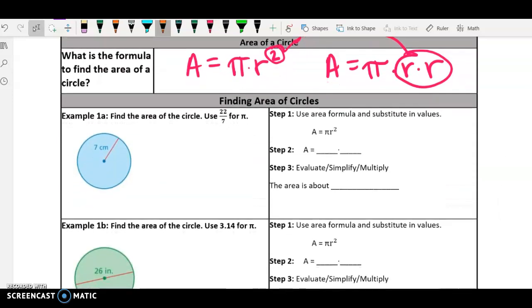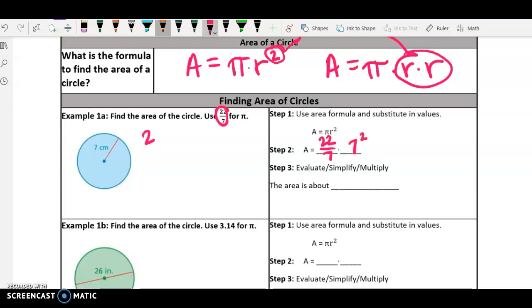So example 1, find the area of the circle and use 22/7 for pi. So it's telling us to use this for pi. Step 1, use the formula and substitute the values. We have pi, which is 22/7, times our radius, which is 7 squared.